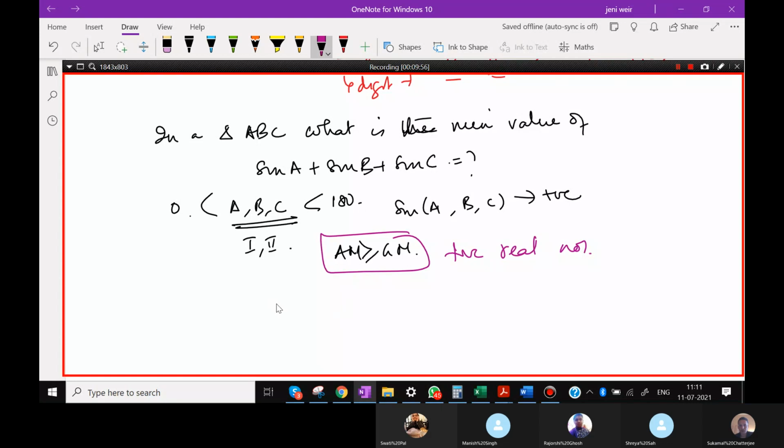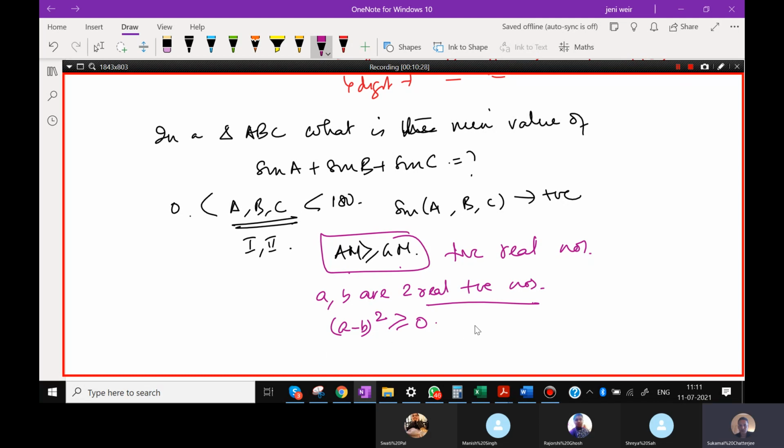Okay. The concept of arithmetic mean greater than or equal to geometric mean comes from which basic? It comes from the basic that if A and B are two real positive numbers, then A minus B whole square is a real positive number, and this has to be greater than or equal to 0.